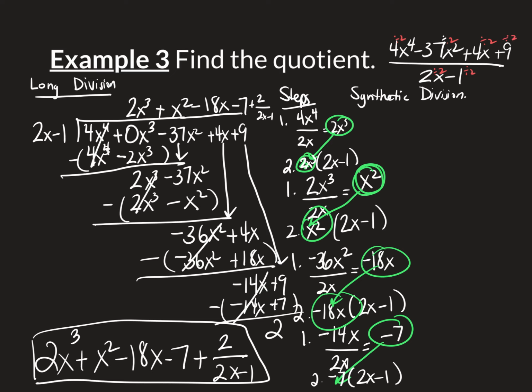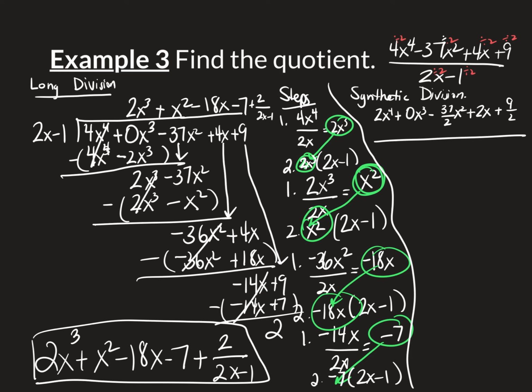Okay, let's write out the new one. So I have 2x to the 4th plus 0x to the 3rd minus 37 over 2 x to the 2nd plus 2x plus 9 over 2 divided by x minus 1/2.